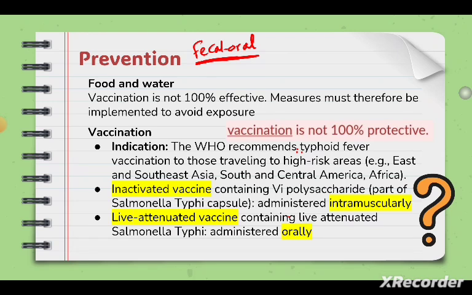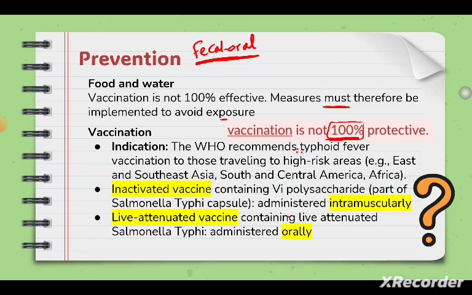We should know that vaccination is not 100% effective or protective against typhoid fever. You remember in our exam scenario, the patient was vaccinated against typhoid fever but still developed typhoid fever, and this is because vaccination is not 100% effective, and measures must therefore be implemented to avoid exposure. So food and water hygiene or sanitation is as important as vaccination.